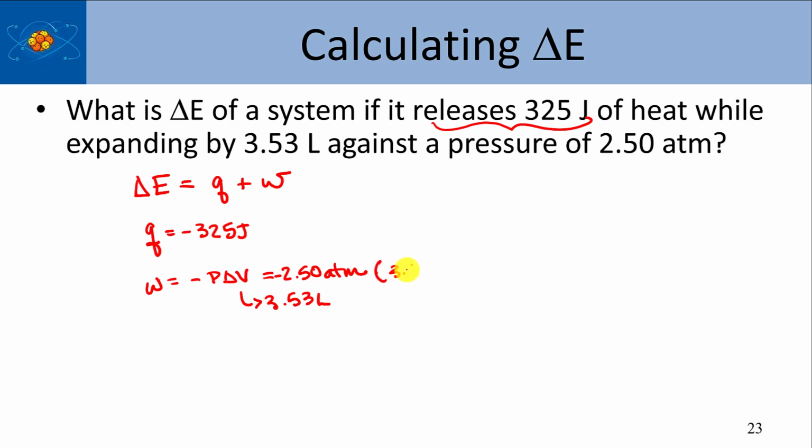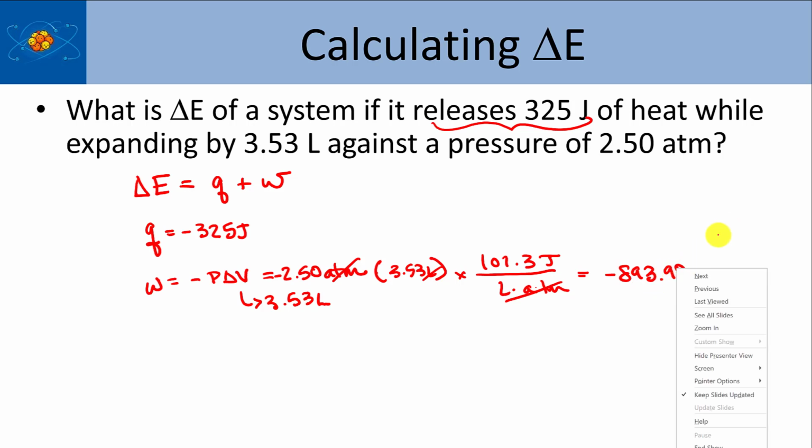And again, it's 101.3 joules per liter times atmosphere, and these will cancel. We can calculate that value as being negative 893.97 joules. My eraser decided to stop working. I guess it worked and didn't do anything. Okay, joules.